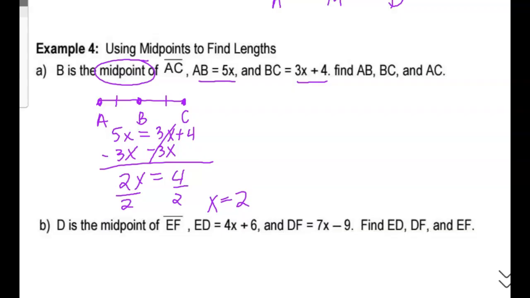AB equals 5x, right? Yes. But I know what x is. What is x? 2. So what is 5 times 2? 10. Good job.